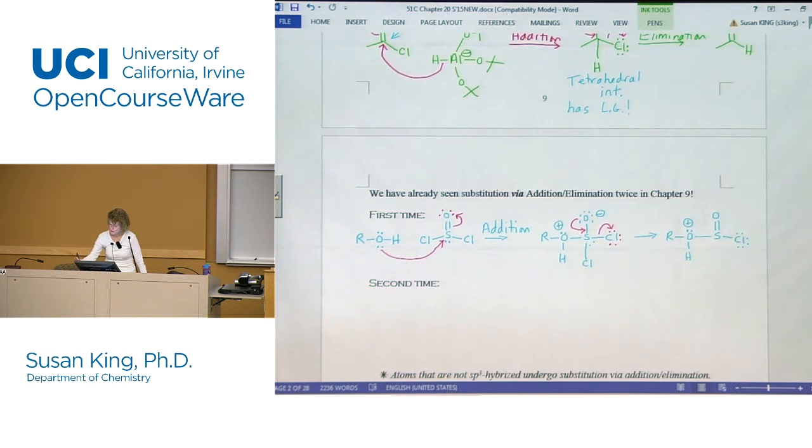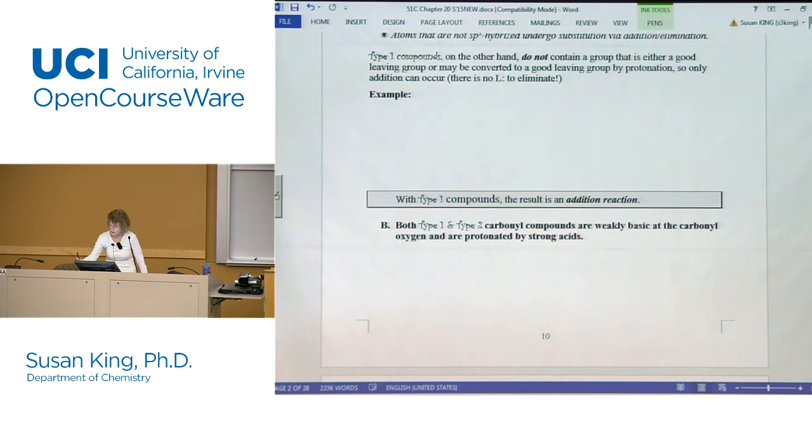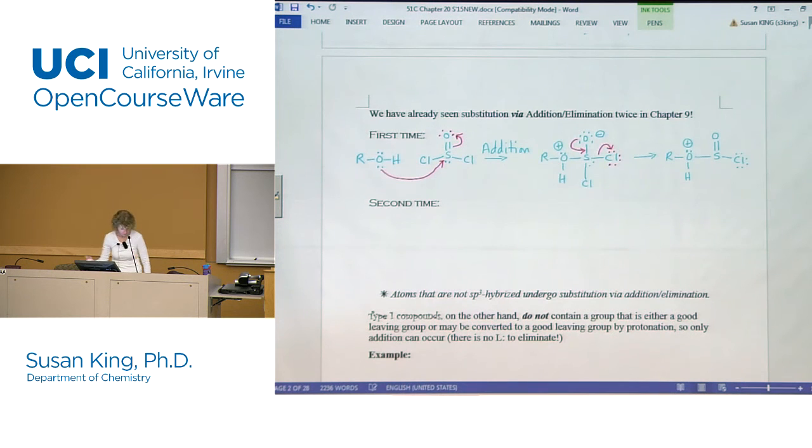The second time we saw it in chapter 9 was for making a tosylate. So alcohol plus tosyl chloride. So hopefully this is all coming streaming back to you right now.